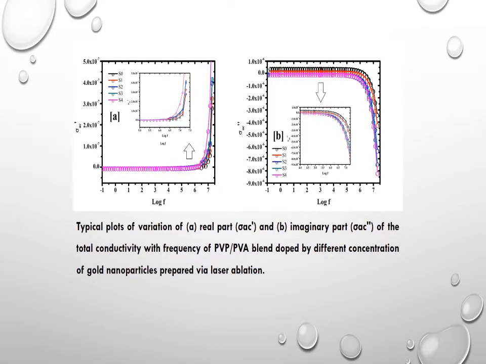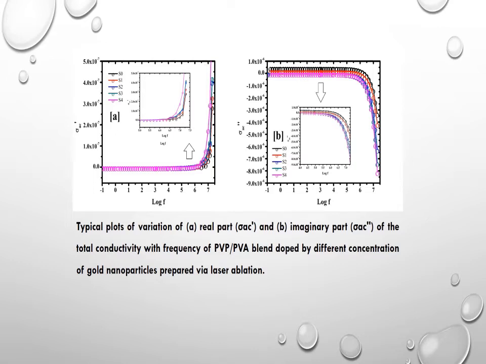Conductivity analysis. These two figures show the real part and the imaginary part of sigma, the AC conductivity of the prepared film. The real part of AC conductivity shows a constant value at lower frequency, and this value increased dramatically by increasing the doped gold nanoparticle within the BVB matrix.